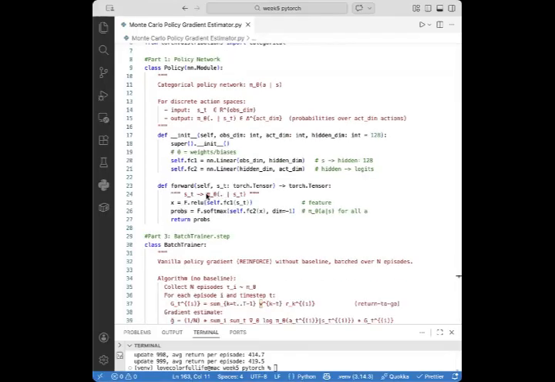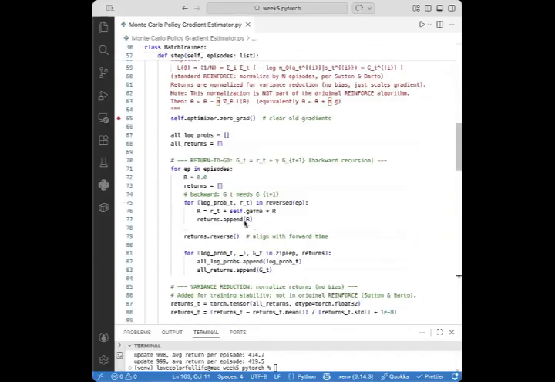In forward, we pass the state through FC1 with ReLU, and then FC2 with softmax. The output is a probability over actions. That's the policy pi of a given s.